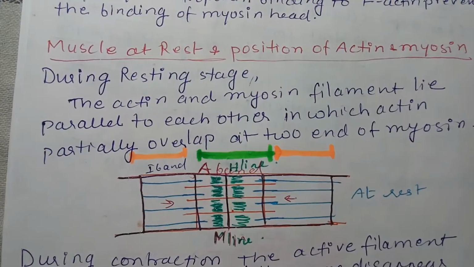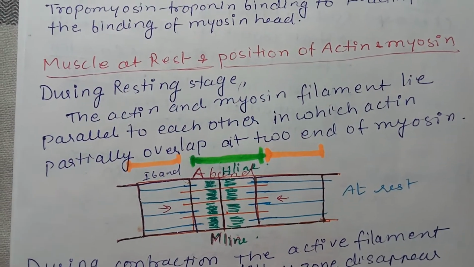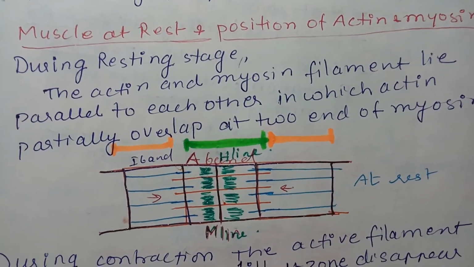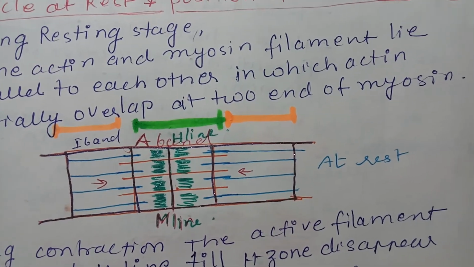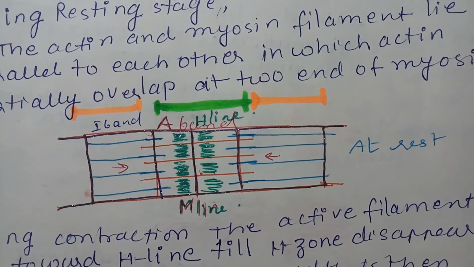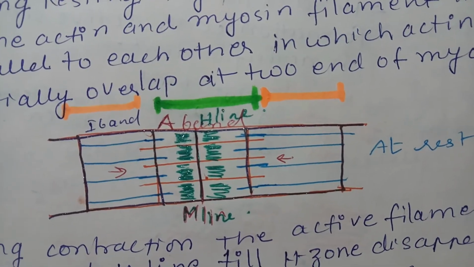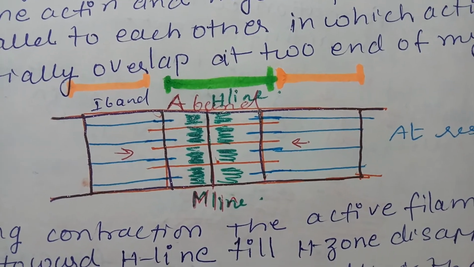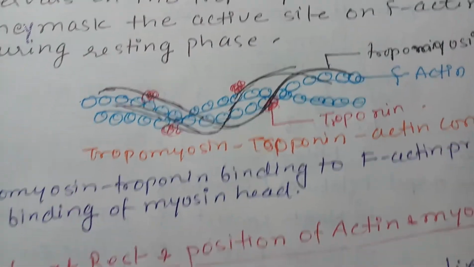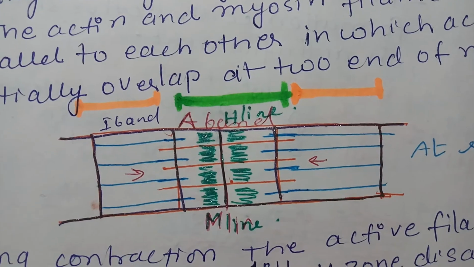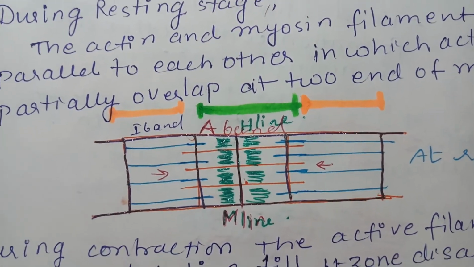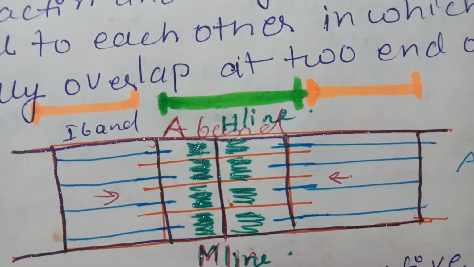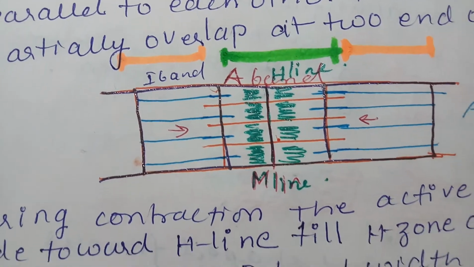During the resting phase, the actin and myosin filaments lie parallel to each other, in which actin partially overlaps at the two ends of myosin. In the dark and light bands, you can see orange and green, whereas the blue line represents the complex and the orange line represents the myosin structure. So there is partial overlapping, and this is the A band and I band.